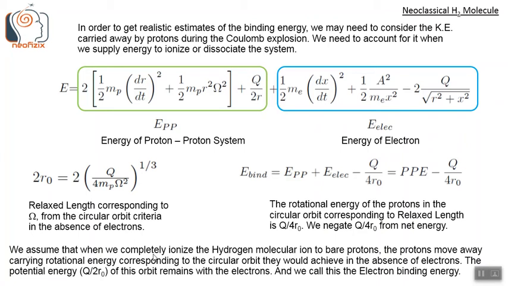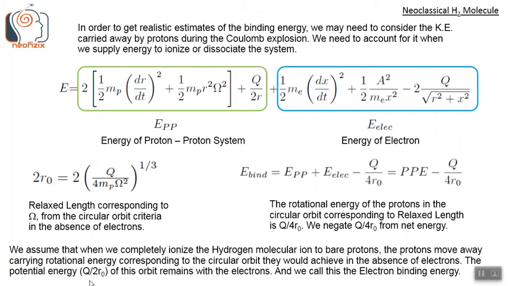So we assume that when we completely ionize the hydrogen molecular ion to bare protons, the protons move away carrying the rotational energy corresponding to the circular orbit that they would achieve in the absence of electrons. That is the circular orbit with the relaxed length 2 R0. This Q by 4 R0 is the kinetic energy term of the two protons, and Q by 2 R0 is the potential energy term between them.